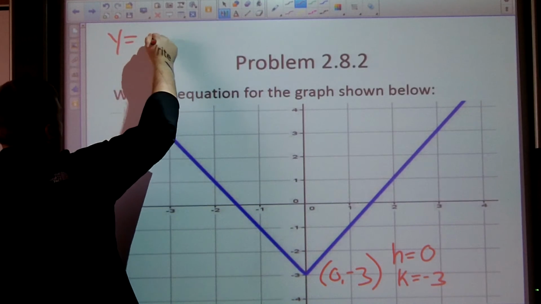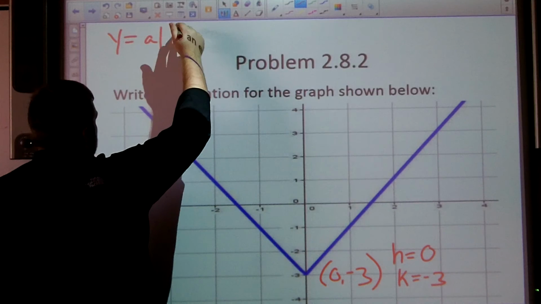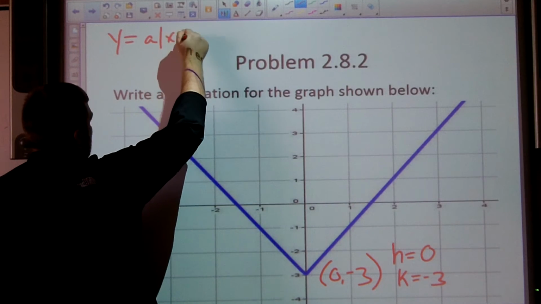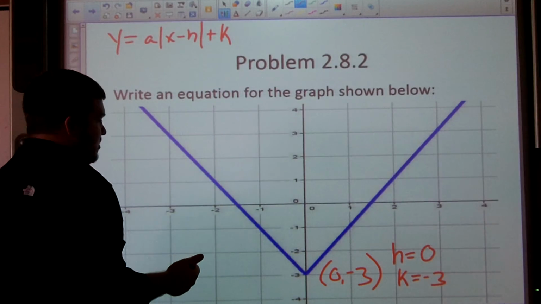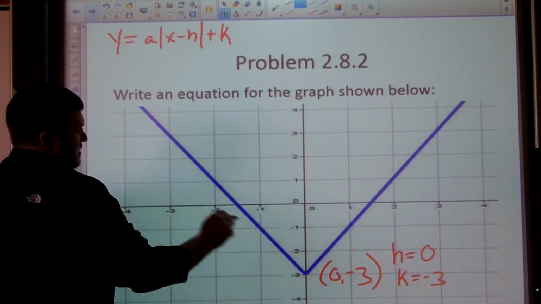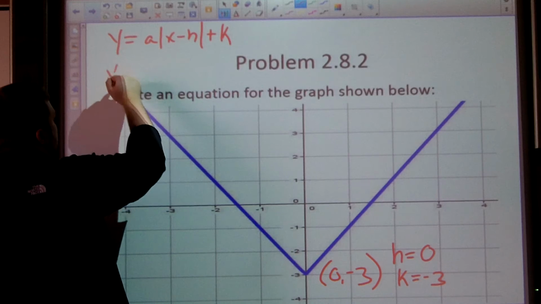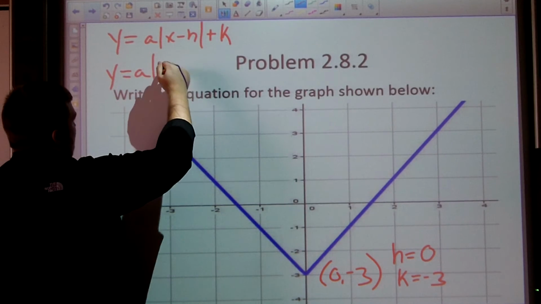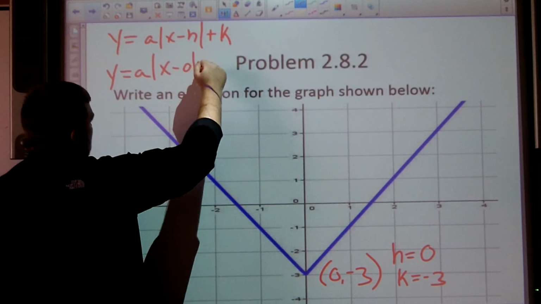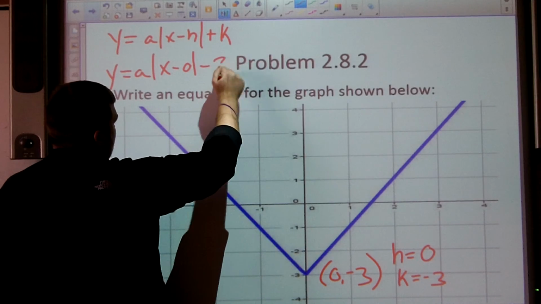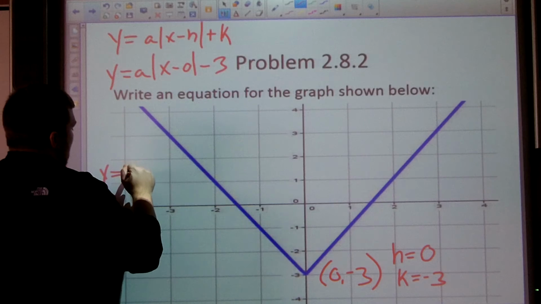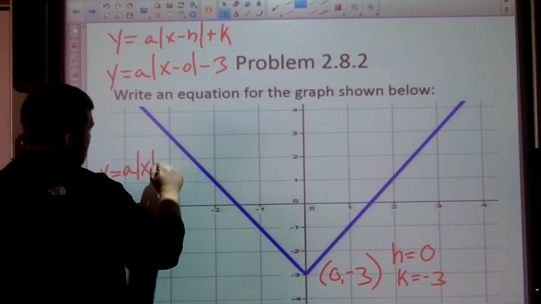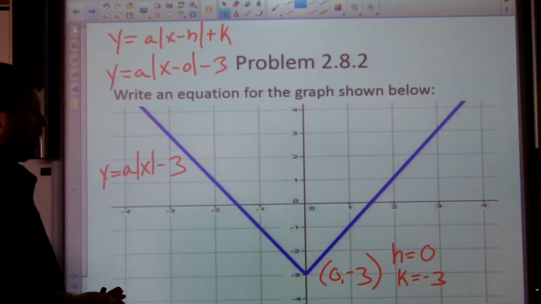Remember, my general equation was y equals a absolute value of x minus h plus k. I'm going to plug in what I know so far. So I plug in my h and k, and I have y is equal to a times the absolute value of x minus 0, minus 3, or y is equal to a times the absolute value of x, minus 3. Well, we still need to figure out what in the world is a.